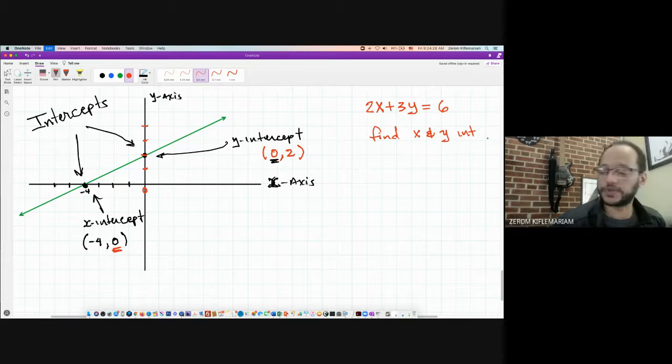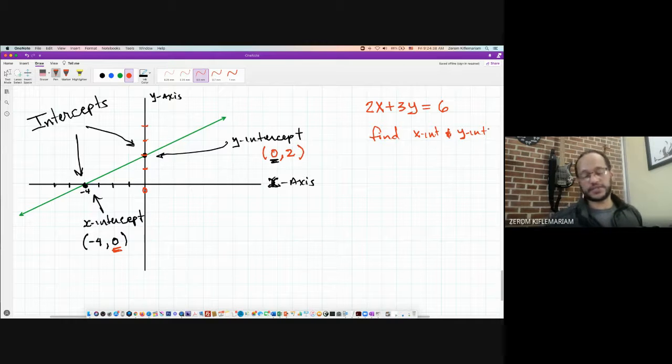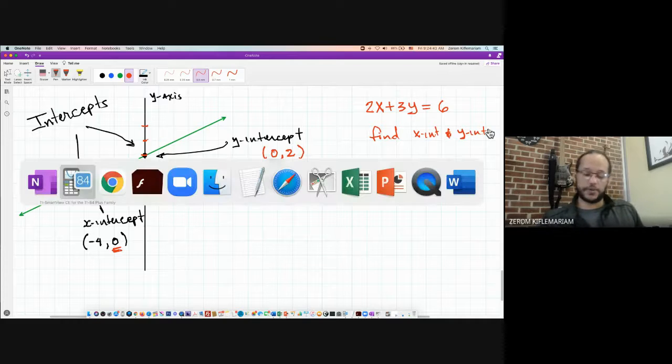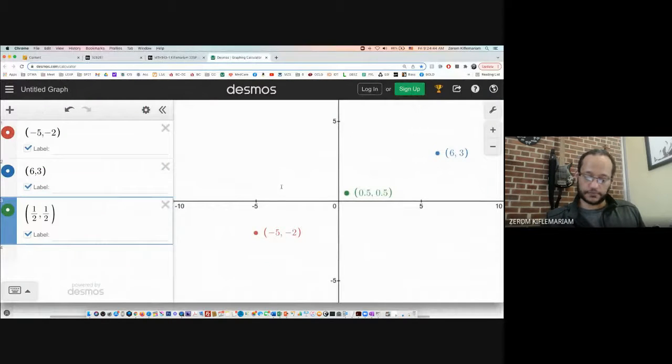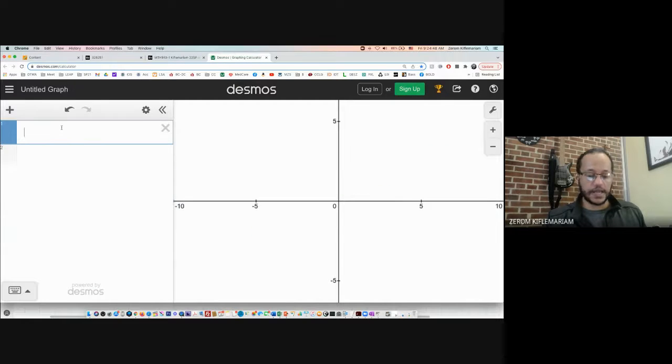I think the proper way should be written like this: find the x-intercept and y-intercept. So if the given question is like that, 2x plus 3y is equal to 6.